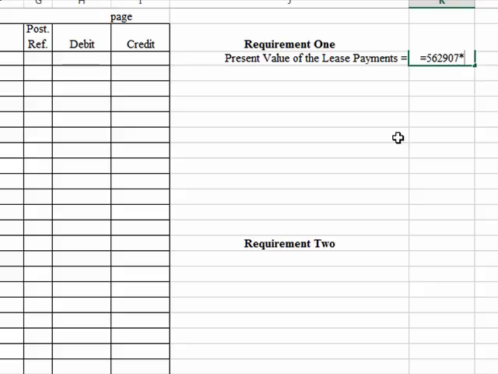We're dealing with an annuity due because the first lease payment is made at the beginning of the period. So you go to your table on P-6 on the very back page of the book. We're dealing with 6 interest payment periods because it's 2 interest payment periods per year for 3 years.